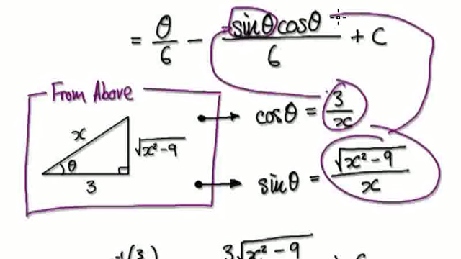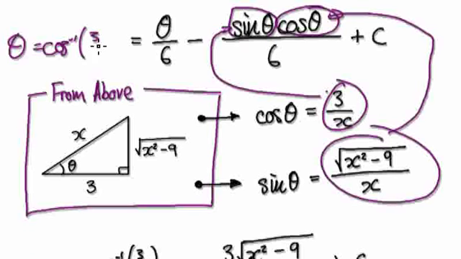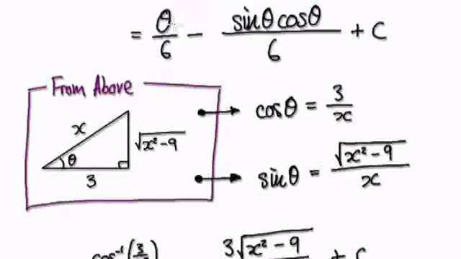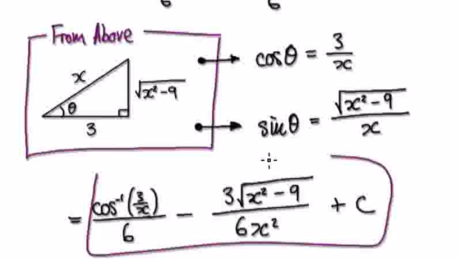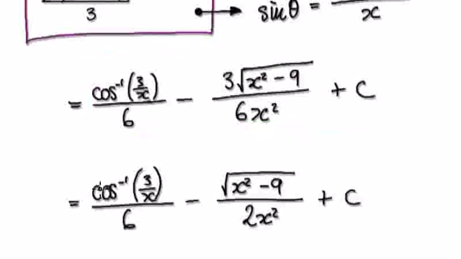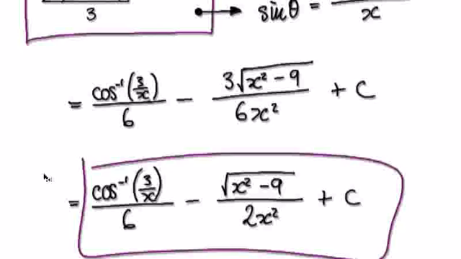For the theta part, theta would be inverse cos of 3 over x. So this whole thing here would then become this. Then tidy up, and your overall answer would be this.